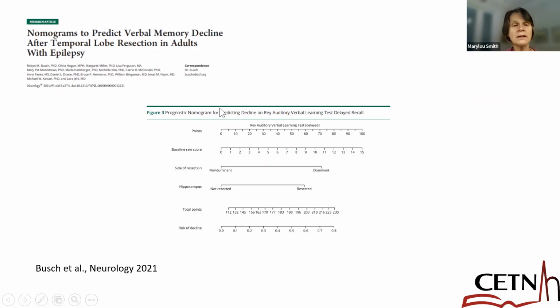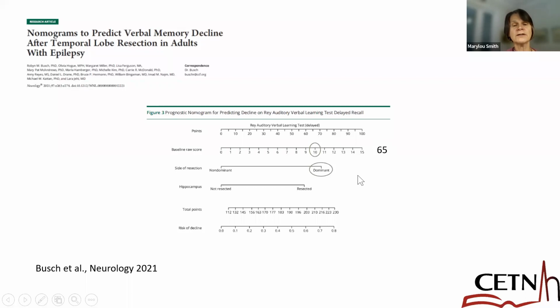So what you see here is a point scale. What feeds into the final outcome prediction are the following variables: the baseline raw score on the test. This patient had a raw score of 10 out of a maximum of 15, and looking up at the point scale, that gives 65 points.